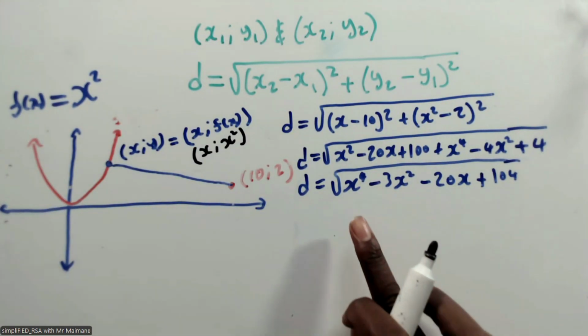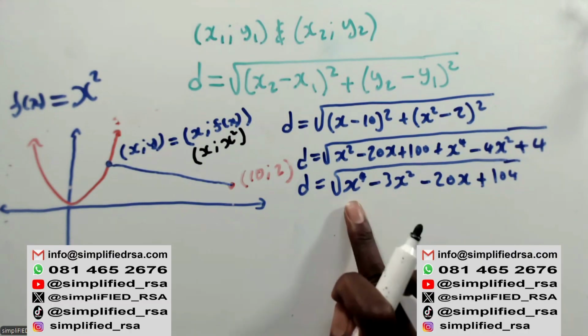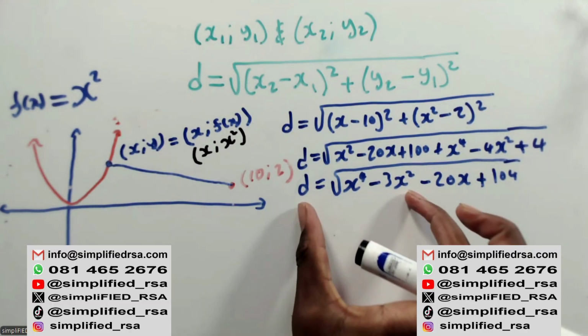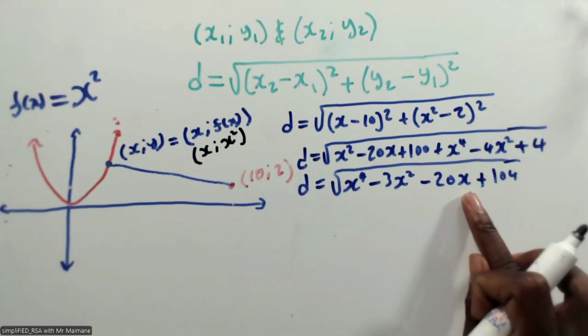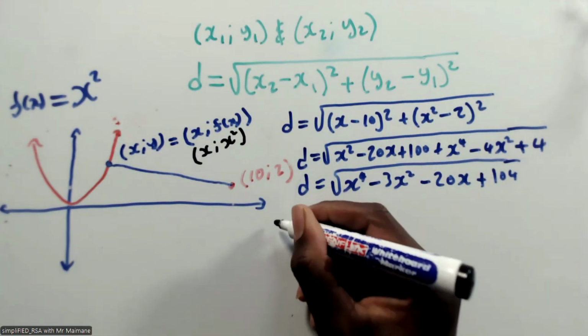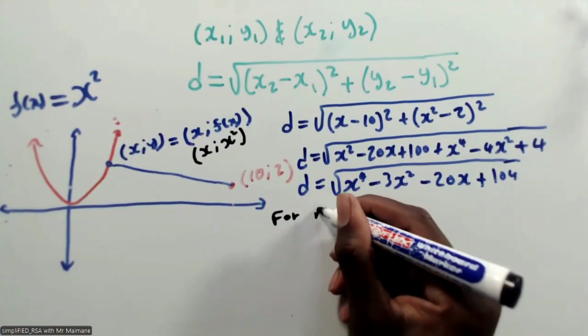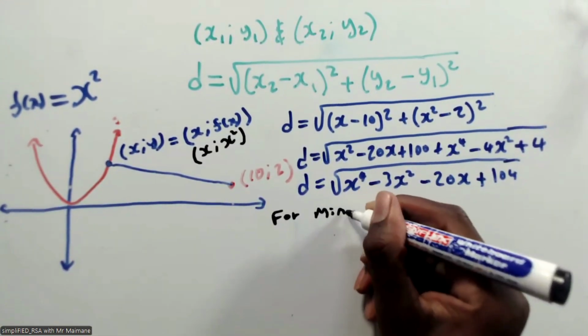Now, because I have to get the minimum distance, this is the expression for my distance formula. But because I have to get the minimum distance, that's when I know that I will differentiate.